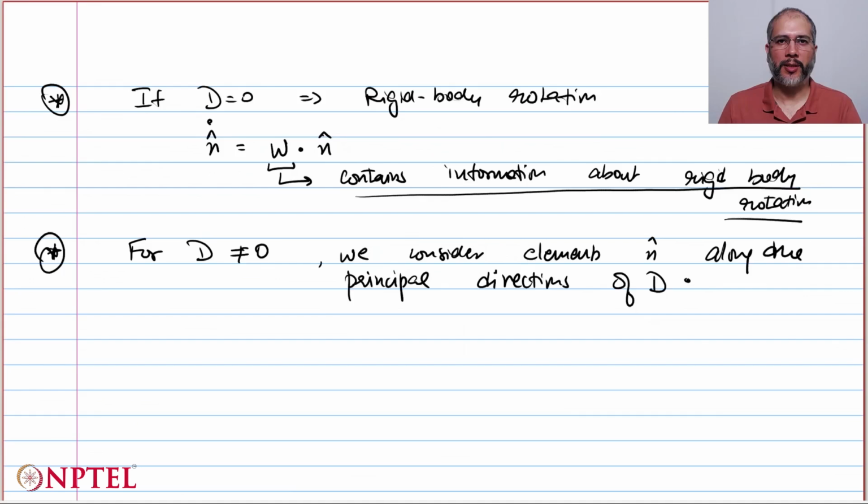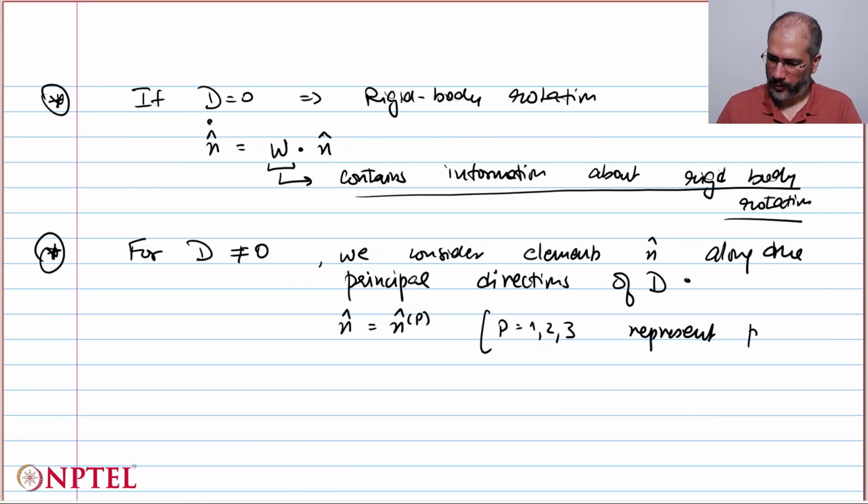We are analyzing what happens to vectors which are oriented along the principal directions of the rate of deformation tensor D. So that means my n hats are written as n hat P, where P is 1, 2 or 3, which represent the principal directions of D.